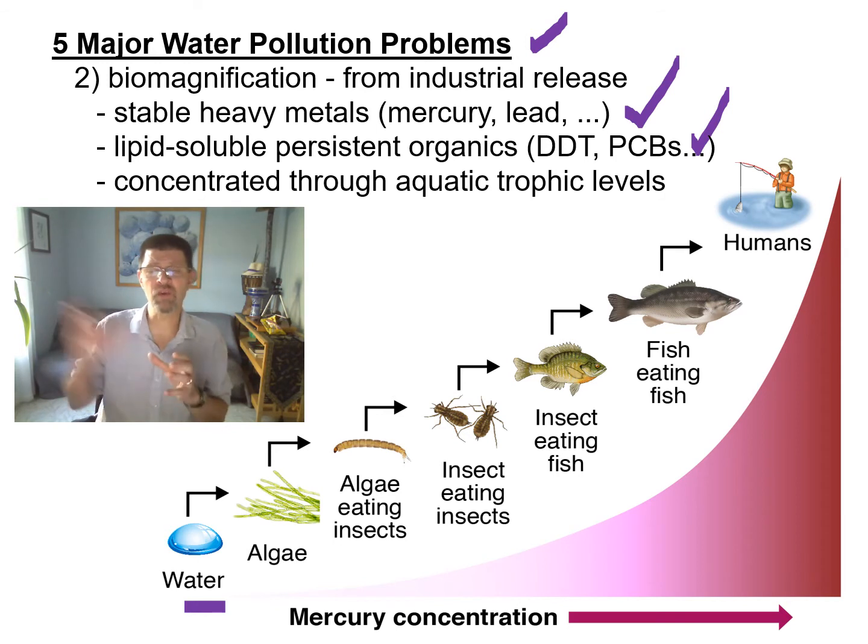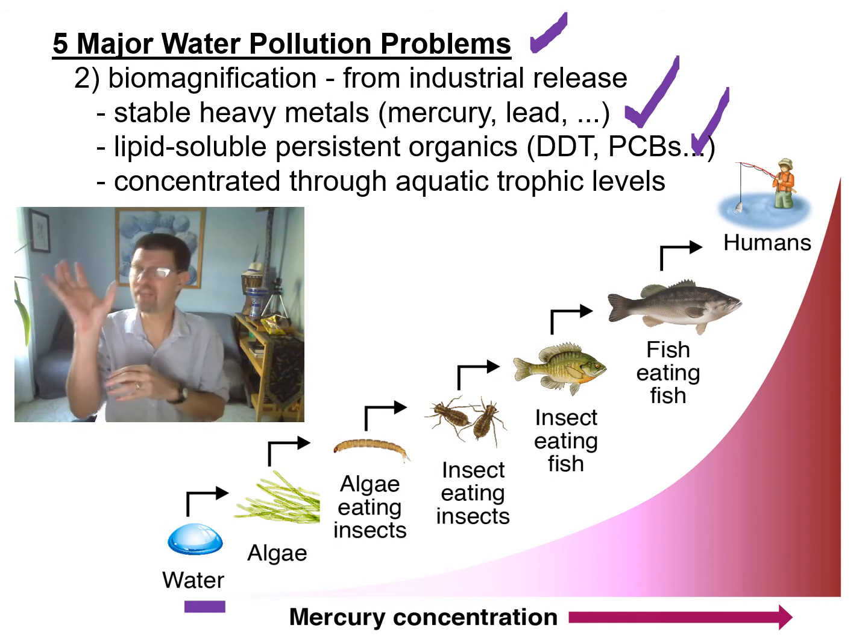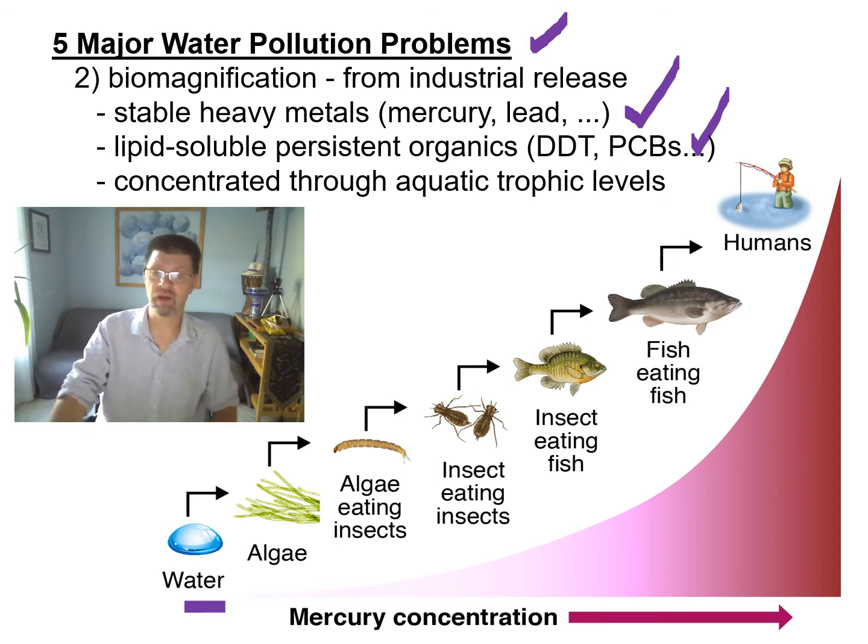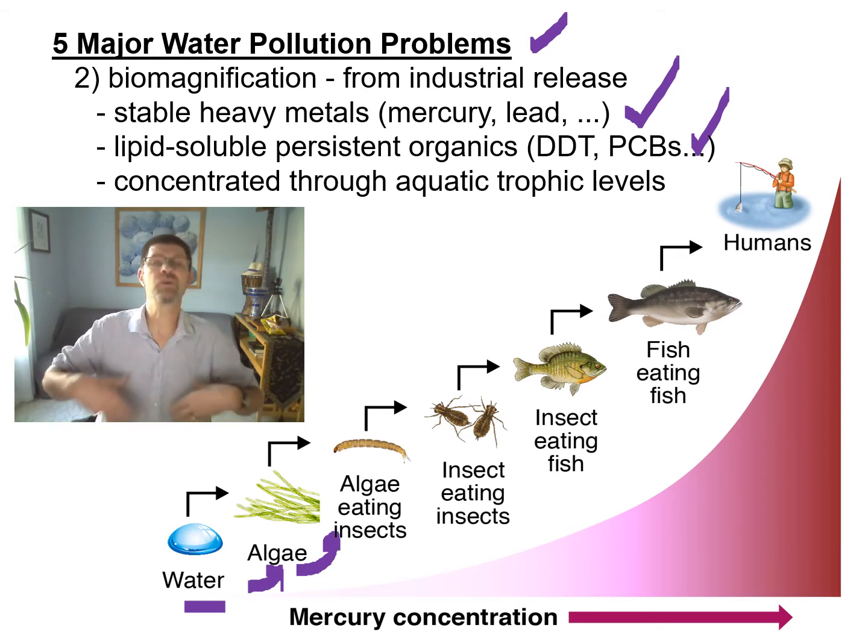And if another organism eats that first organism, then this chemical will become more concentrated in the body of the eater. Okay, so what we have here is water with some mercury in it, and then the mercury gets picked up by some algae, and then some tiny insects eat the algae, and they get a little bit more mercury in their body, because they're concentrating.